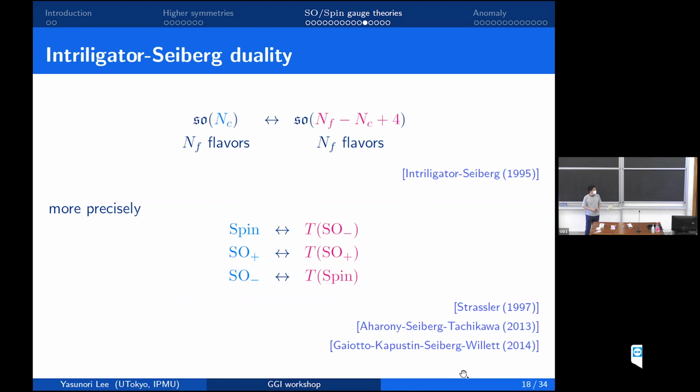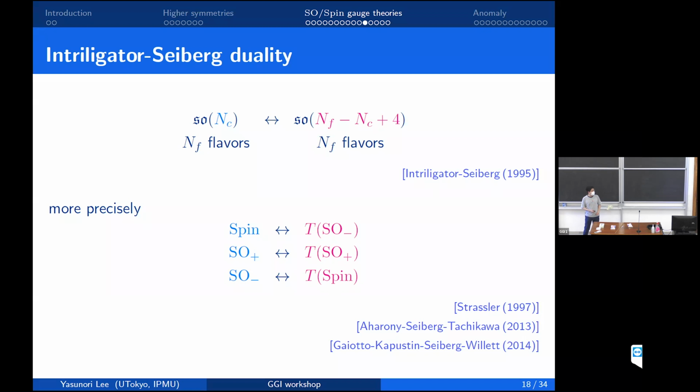Okay, so now we've identified the higher symmetry structures in spin and SO plus and minus gauge theories. Let's now check how these higher symmetries are mapped under the Intriligator-Seiberg duality. Note that making the theory supersymmetric does not affect the relevant symmetry and thus does not affect the argument. Supersymmetric QCD also has the same higher symmetry structures as the non-supersymmetric ones.